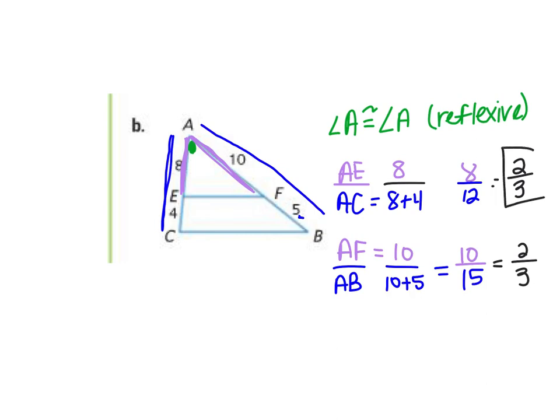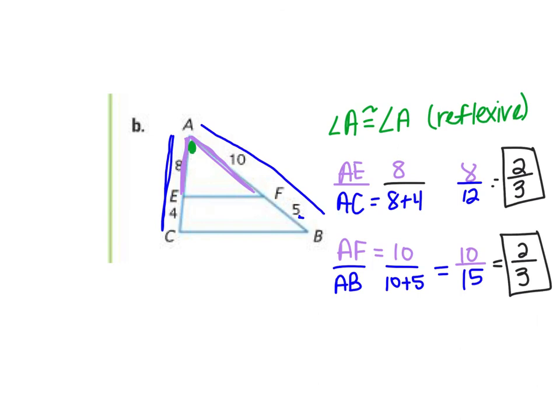So let's look at the information we have just from this set of triangles. We have a set of congruent angles, right here, angle A. We also have two proportional side lengths, AC and AE, and then AF and AB. When you compare all of this information, we have two proportional sides and an included angle.